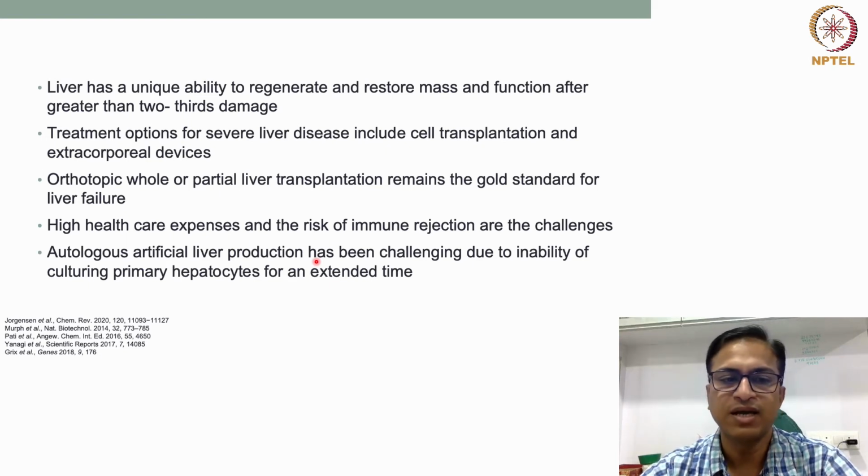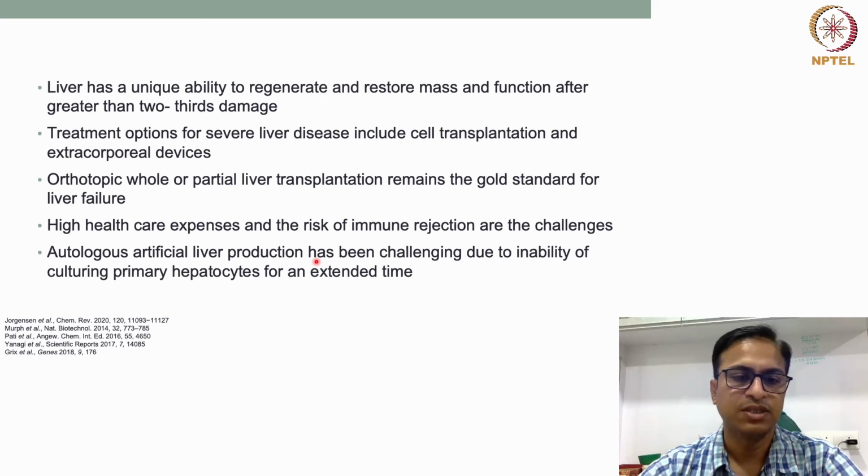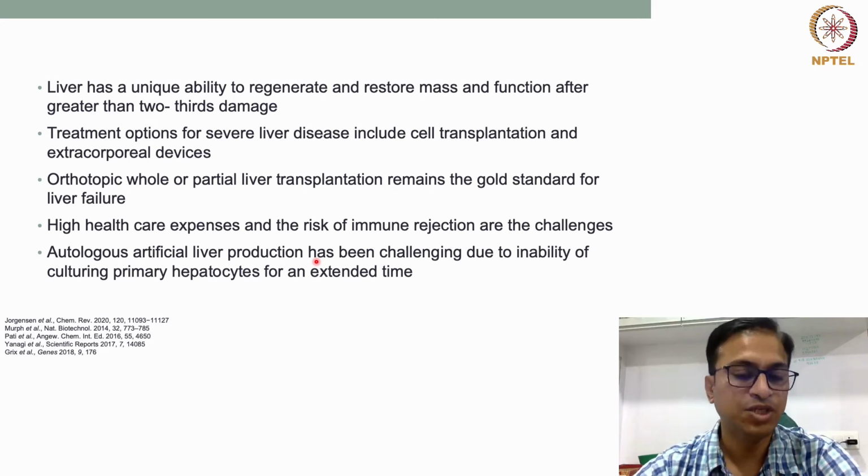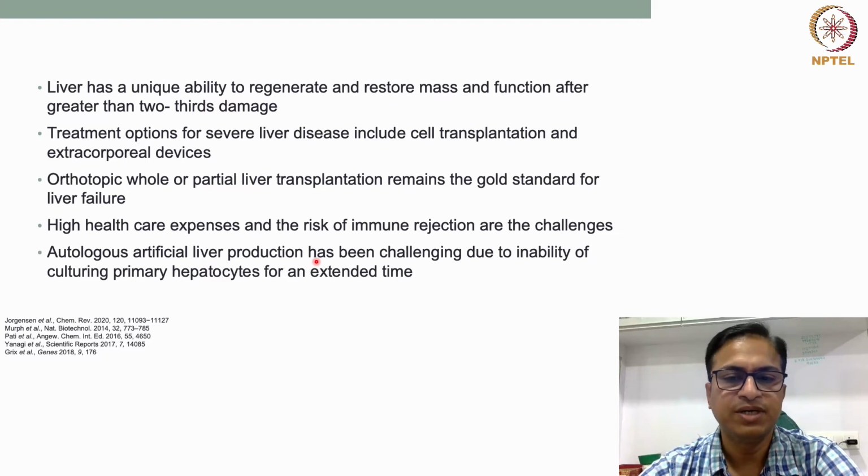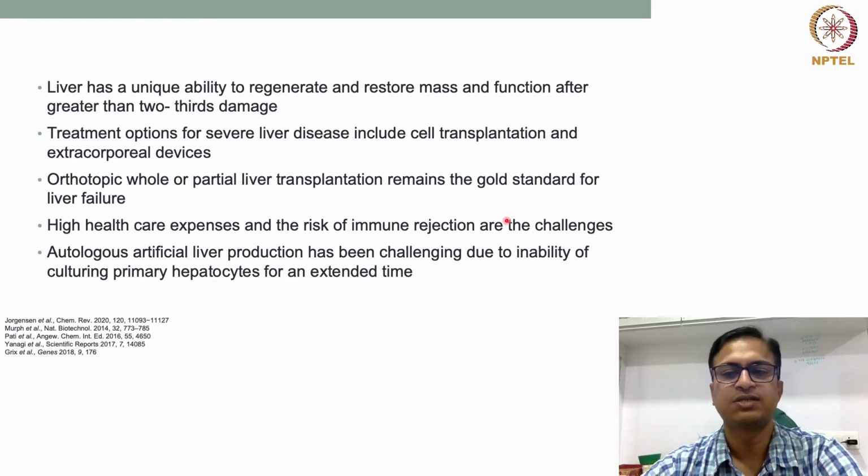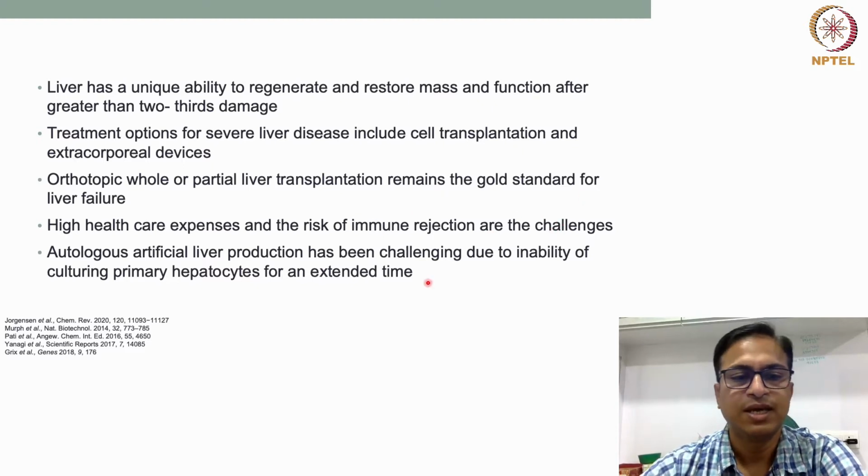Apart from that, high healthcare expense is another challenge, because the process is highly expensive. Also, there is a risk of immune rejection, because we need to check the compatibility of the donor tissue with the host tissue.